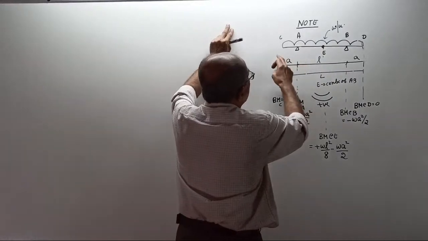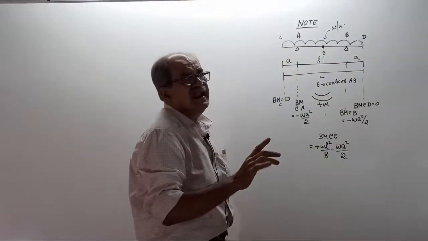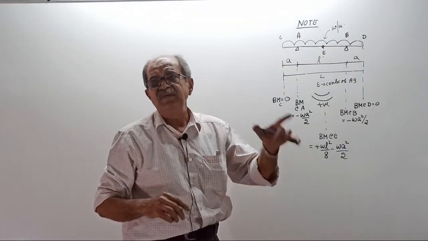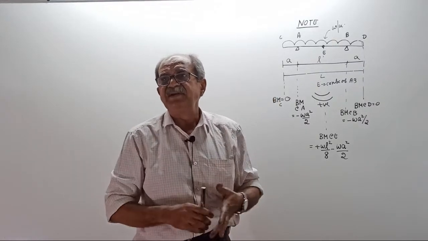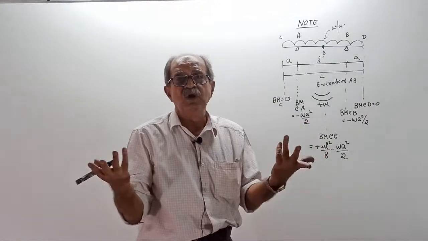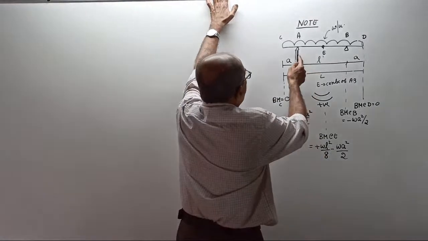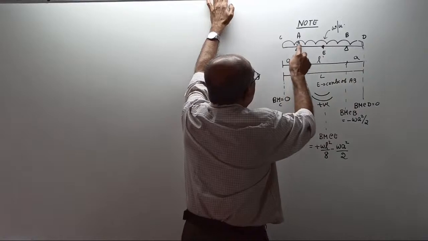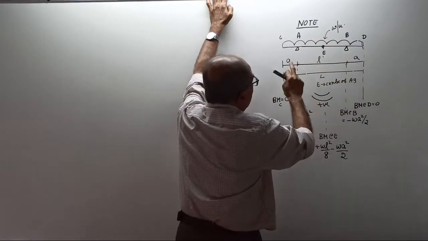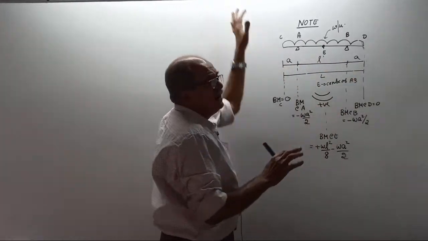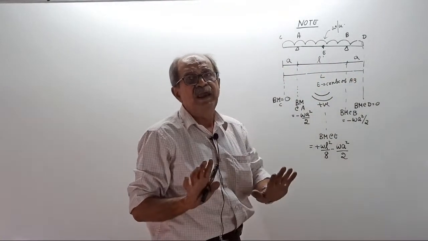Overhangs are A. I will not repeat again and again, because those who come to this class should have started from earlier. Overhangs are A, UDL of W per unit length. Between supports is L. Total length is capital L. That is my symbol. Do not memorize anything by heart.